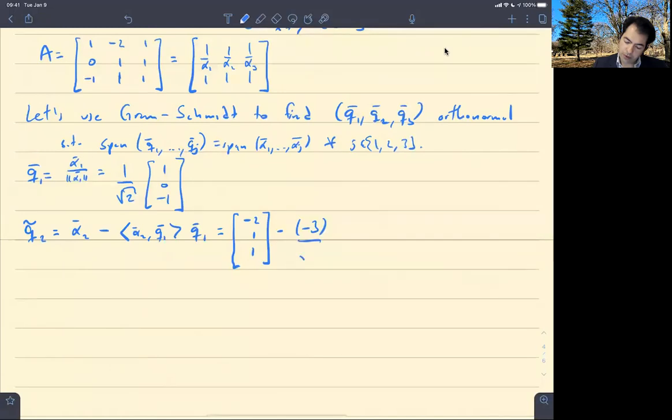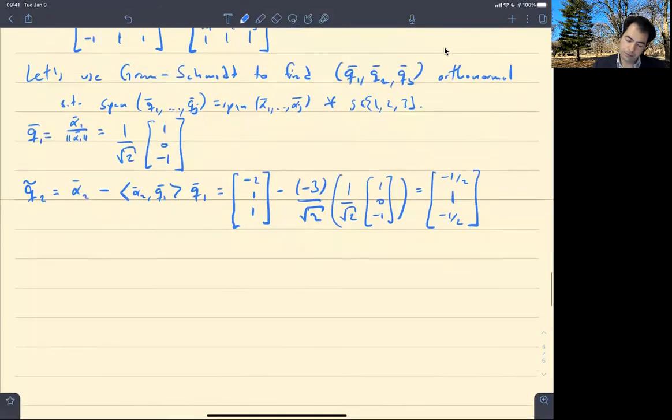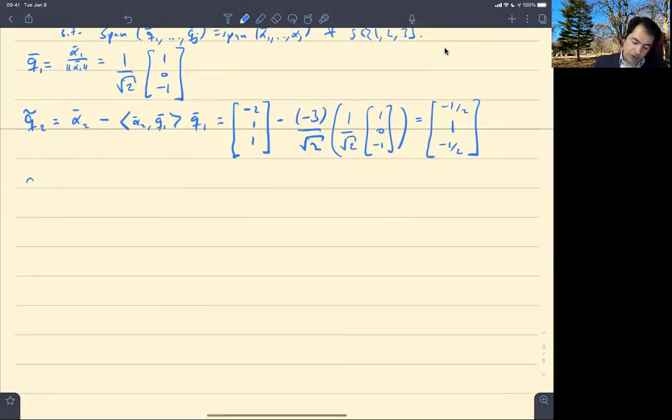So I get minus 3 divided by square root of 2. That's the coefficient. And then Q1 is 1 over square root of 2 times 1, 0, minus 1. If we write that all out, we end up with minus 1/2, 1, minus 1/2. So that's Q2 tilde.